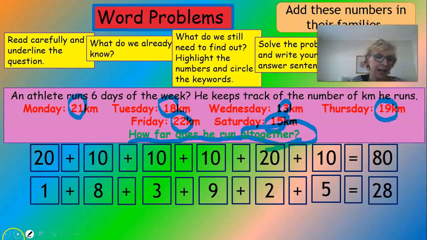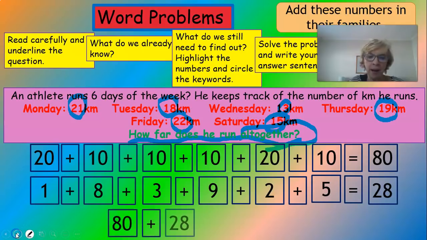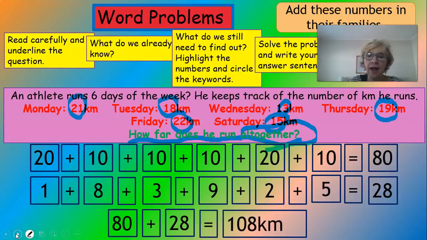Right. Now we split the 10s and the units. So now what we have to do is add them together. We've got to join them together. So 80 plus 28 is 108 kilometers. He ran 108 kilometers in those days.